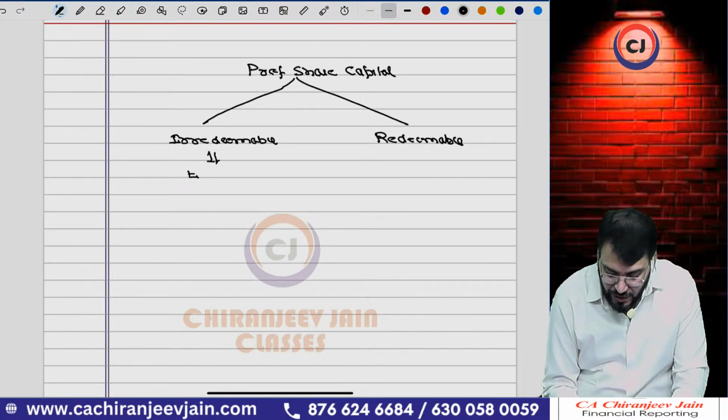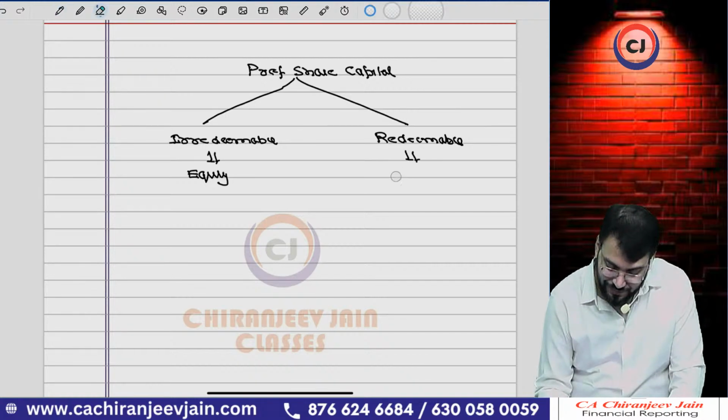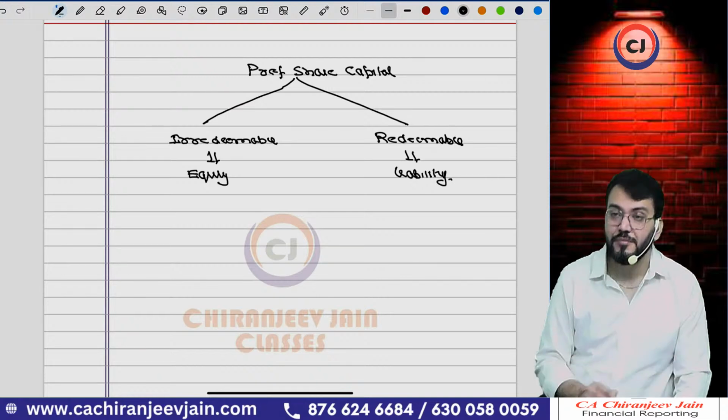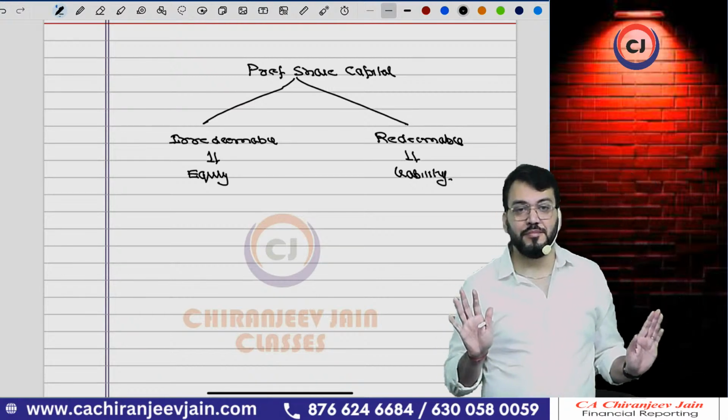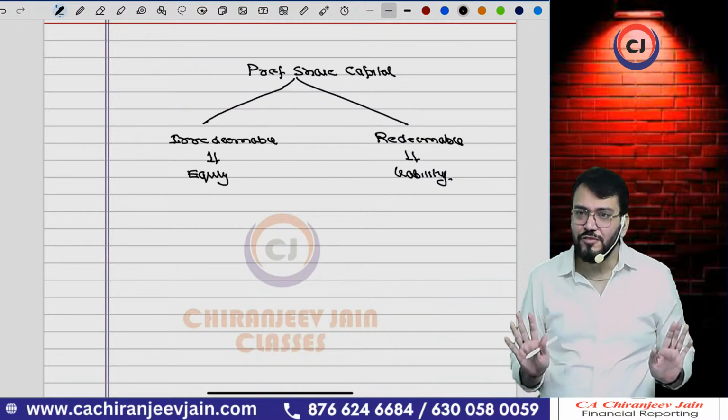Irredeemable means it is equity. Redeemable means it is a financial liability. I'm writing liability. Right now you don't know the term financial liability. Understood? This much you have understood.